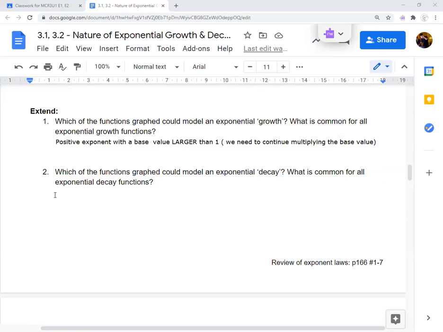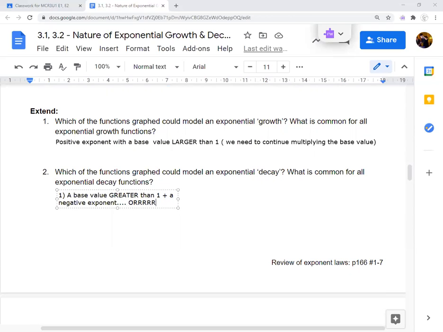Next, which of the functions graphed could model an exponential decay, or a continuing decrease? What is common for all exponential decay functions? Two conditions. One, a base value greater than 1 plus a negative exponent.